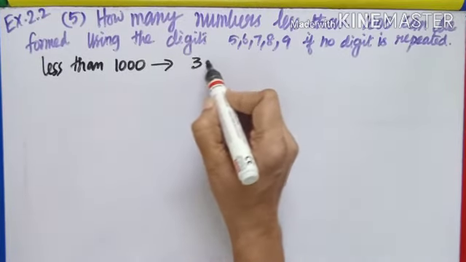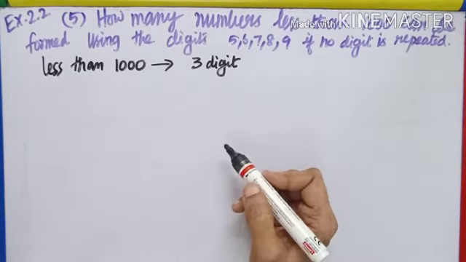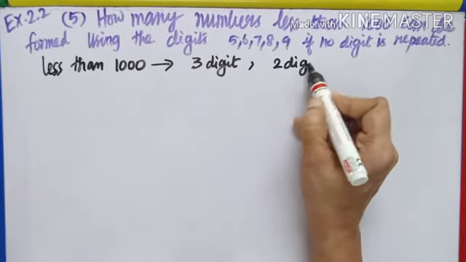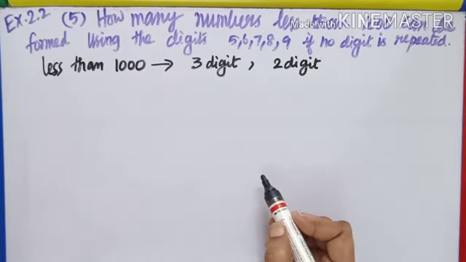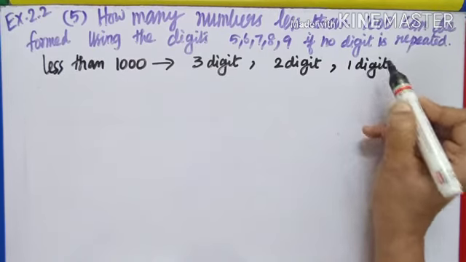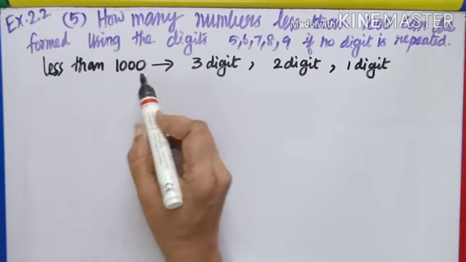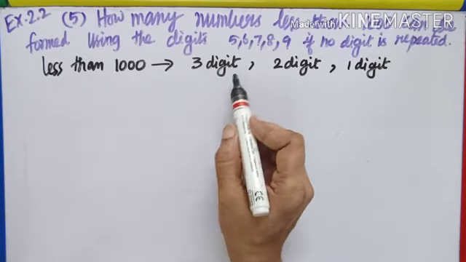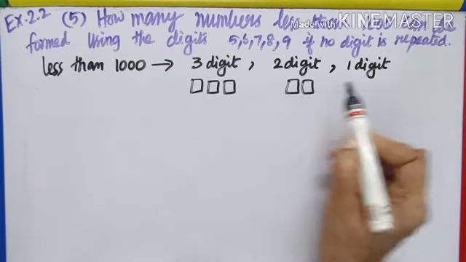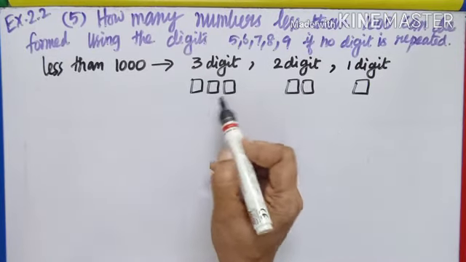It may have a 3-digit number, say 987, 675, like that way, or it may be a 2-digit number like 97, 68, or it may be a 1-digit number, say 1, 2, 3, they are also less than 1000.